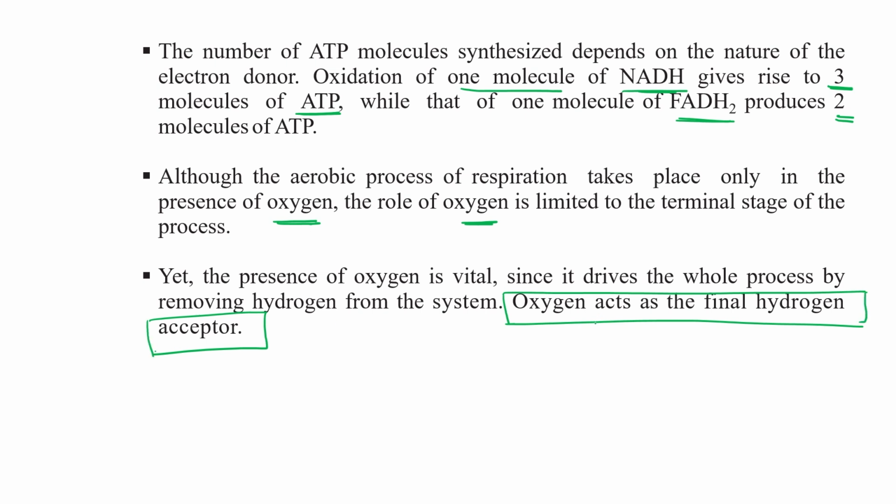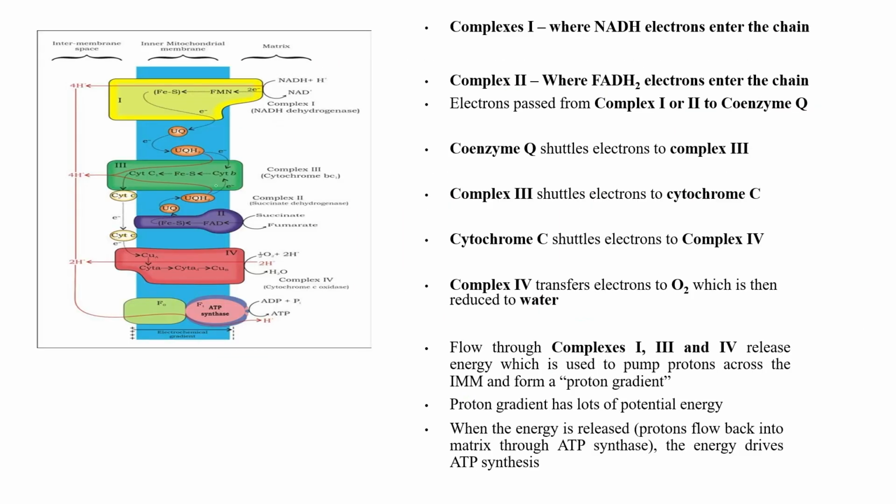because that hydrogen atom has one electron and one proton, right? So electrons pass from one carrier to another carrier molecule. As you can see in this particular picture, these electrons are passed from one complex to another, like this, and all the protons are passed from the matrix to the inner membrane space, because there is no need of those protons there, so the concentration of protons gets higher and higher in the inner membrane space.